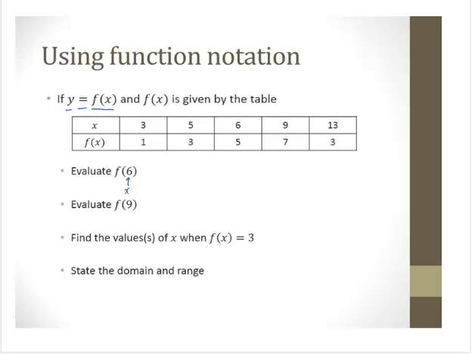So when x is 6, we apply the function to it. What is the output? When x is 6, we apply the function. The output is 5. F of 6 is 5. Similarly, f of 9 is 7.